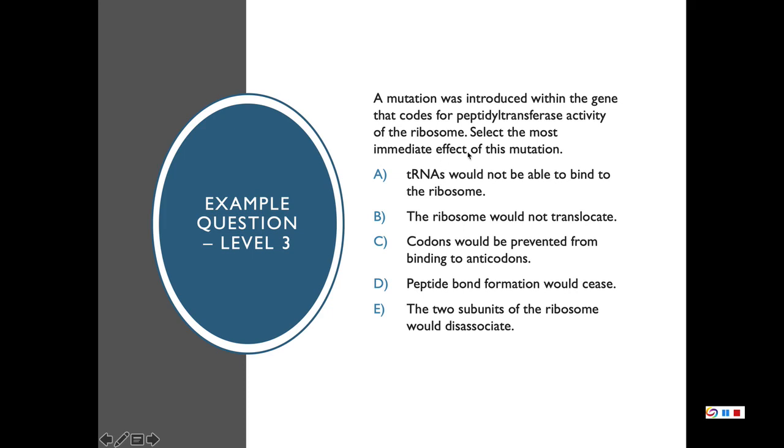So looking for those keywords, things like immediate effect, and then also knowing peptidyltransferase, these are going to require students to consider what is actually happening and to draw on previous knowledge.